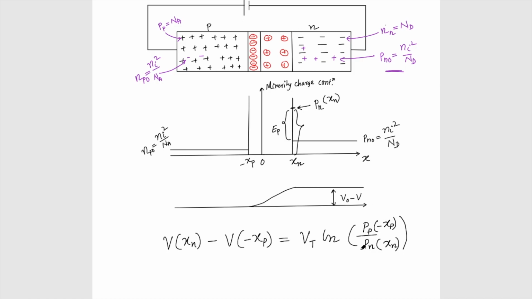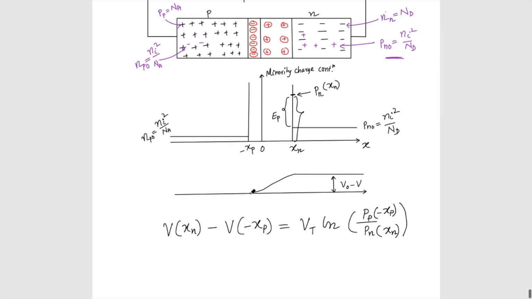Now we know that the potential difference between this point and this point has become V naught minus V, because I have applied a forward bias voltage of V, is equal to Vt ln, and we know the concentration of the holes at this side is still given by Na, so I can write it as Na. And of course I want to find the minority charge carrier Pn at xn.